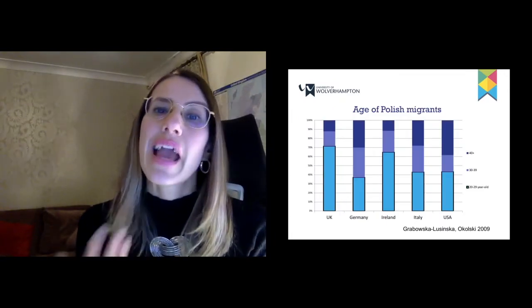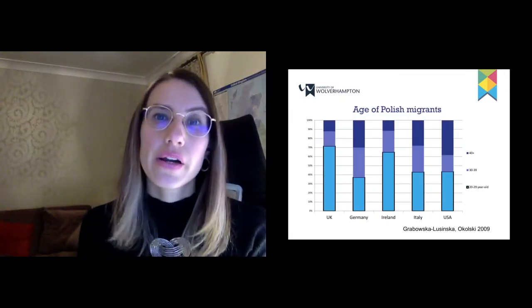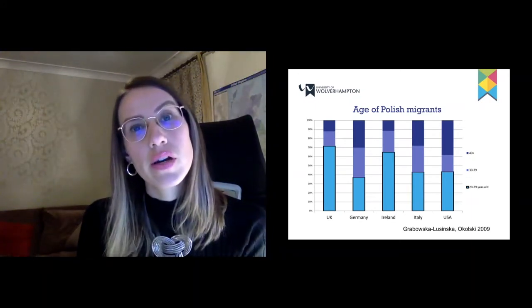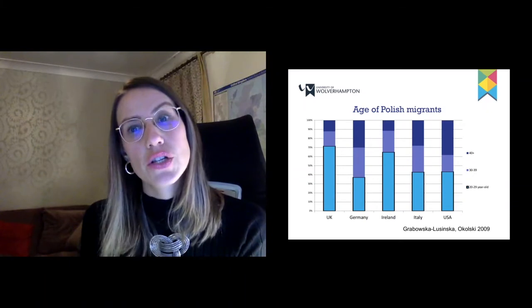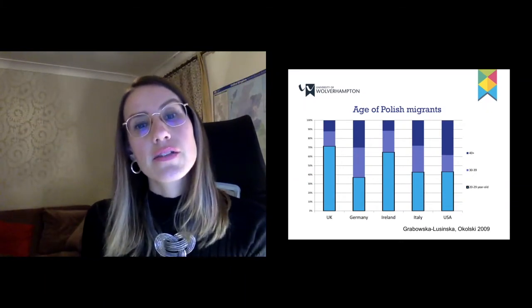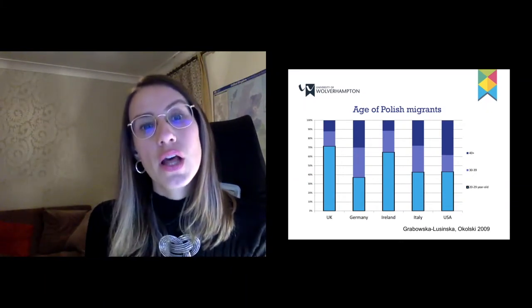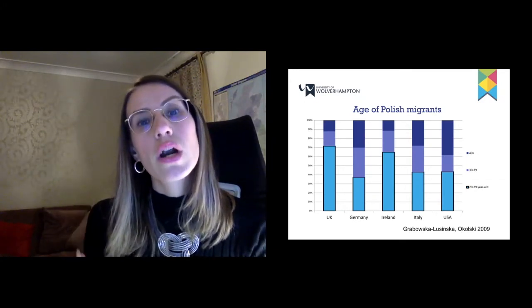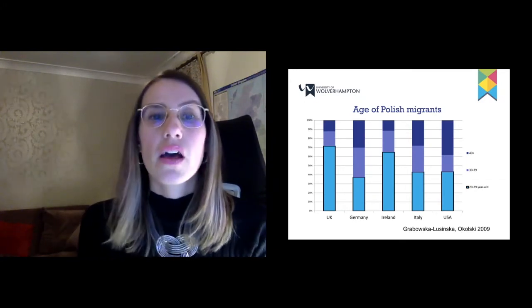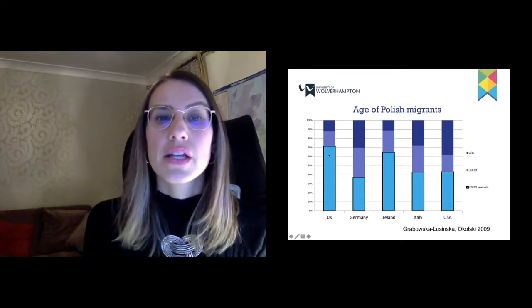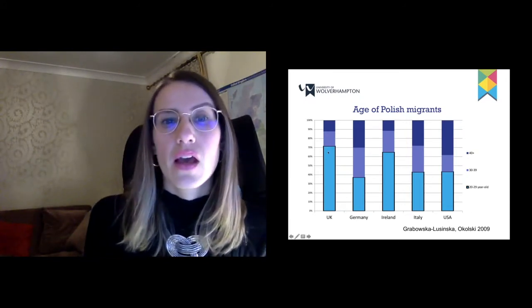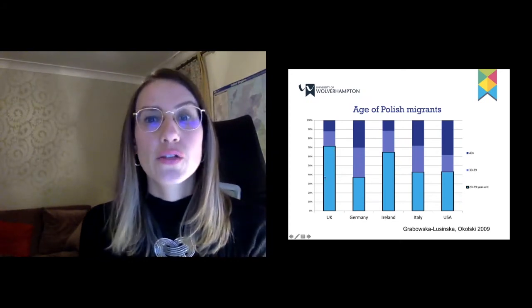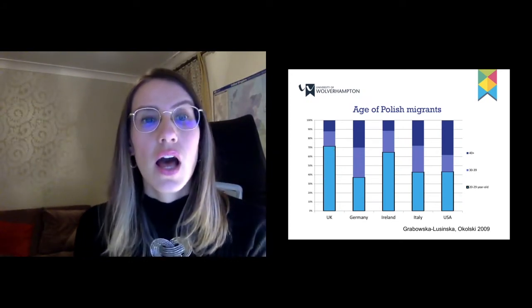When we look at the age of Polish migrants and we compare it to the age of the Polish citizens who migrated to other important destinations, you will see that following the EU accession, the people who migrated to Britain were the youngest. Here at this chart, you can see the age groups. The light blue shows age group 20 to 29 years old.